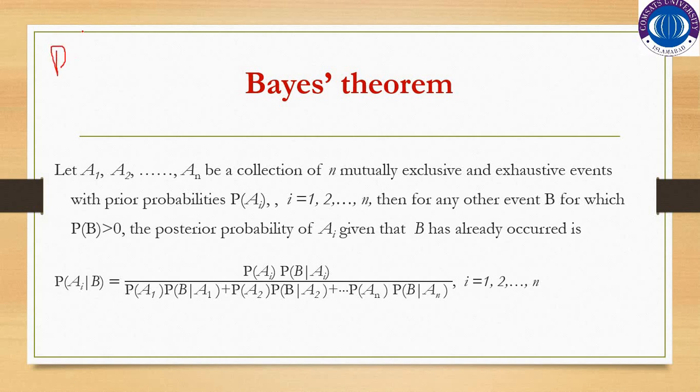We have to find the probability of A given that B has already occurred.